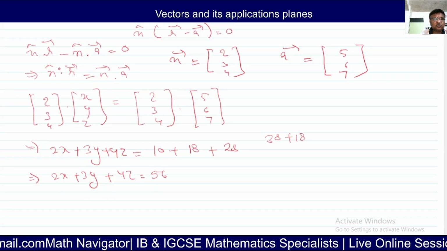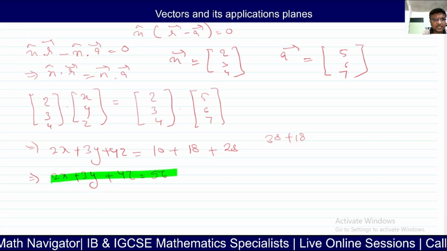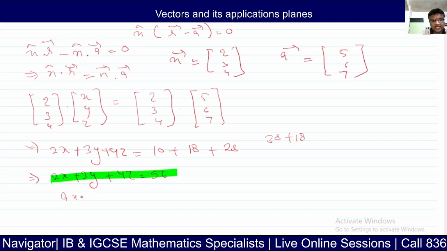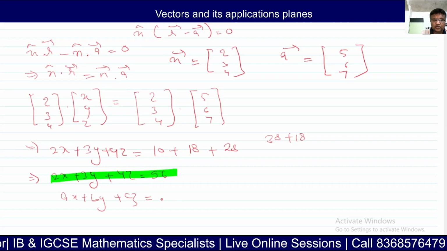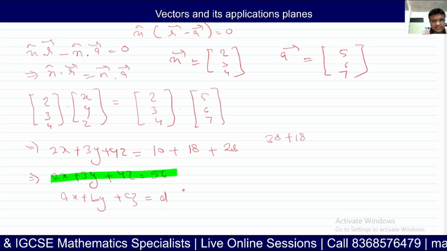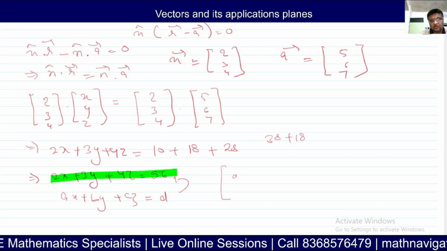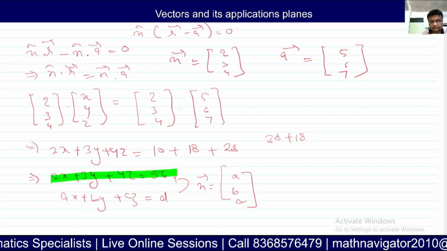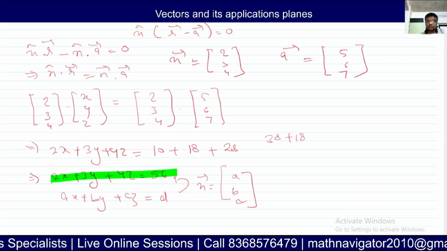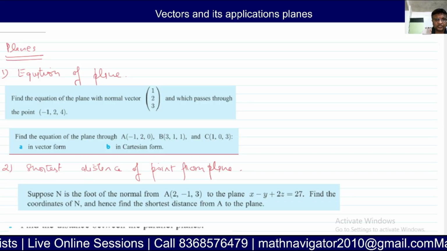So this is called the Cartesian equation of plane. That means my Cartesian equation of plane is ax plus by plus cz is equal to d, right? d is some constant and a, b, c is your normal vector. I hope this is clear, right? So this is how we will make the equation. We'll do one question and you'll understand how to do this, right?